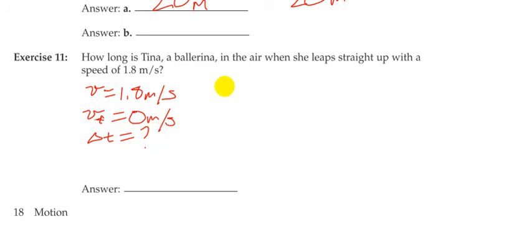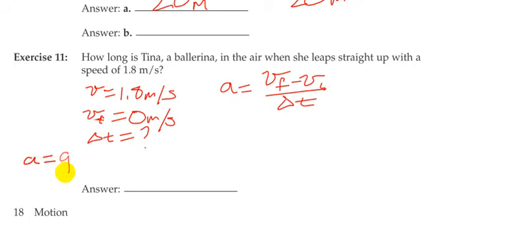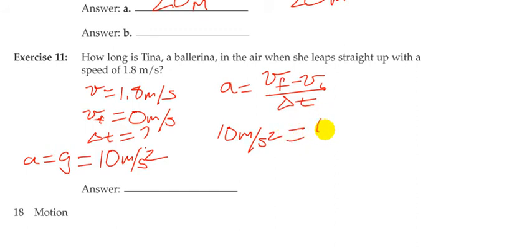So let's find our equation. We know that acceleration is equal to Vf minus Vi over delta t. The acceleration is going to equal g, which is 10 meters per second squared. So let's plug in: 10 meters per second squared equals 0 meters per second minus, and here's a mistake I made: this is a negative.